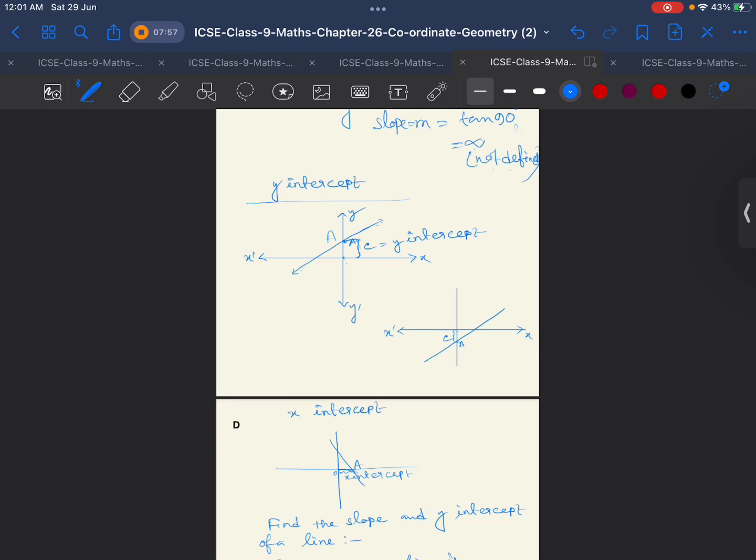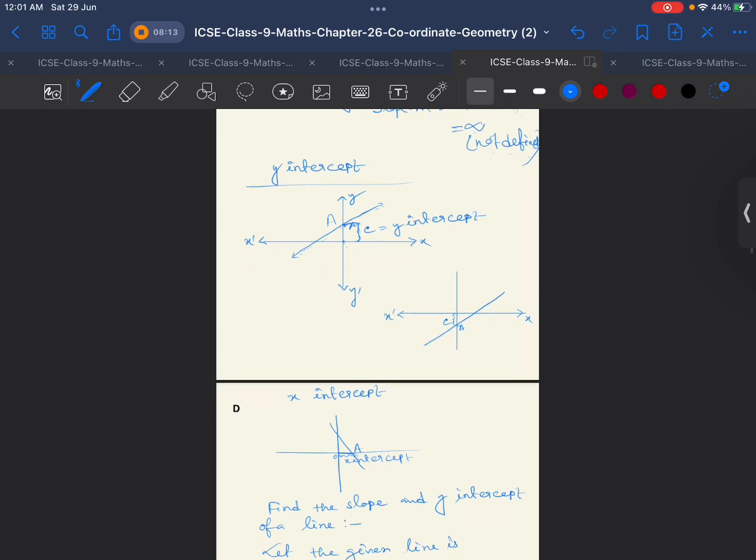It is denoted by c. Here y-intercept is c. So if a straight line meets the y-axis at a point, the distance from the origin to this point is called intercept. This is y-intercept because it meets the y-axis.